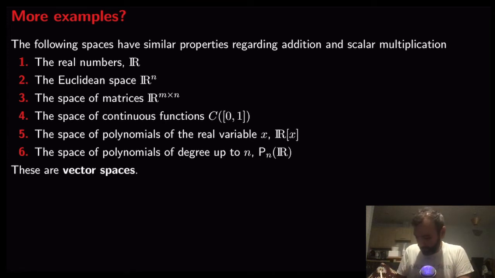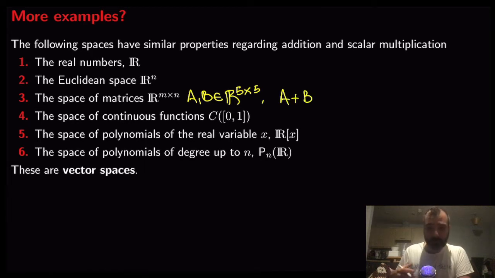So, if A and B are matrices, say 5 by 5, then A plus B, I can do that, and this is a matrix, and I can do C times A, and this is a matrix again, and these operations of addition and scalar multiplication satisfy these 8 very simple trivial properties.